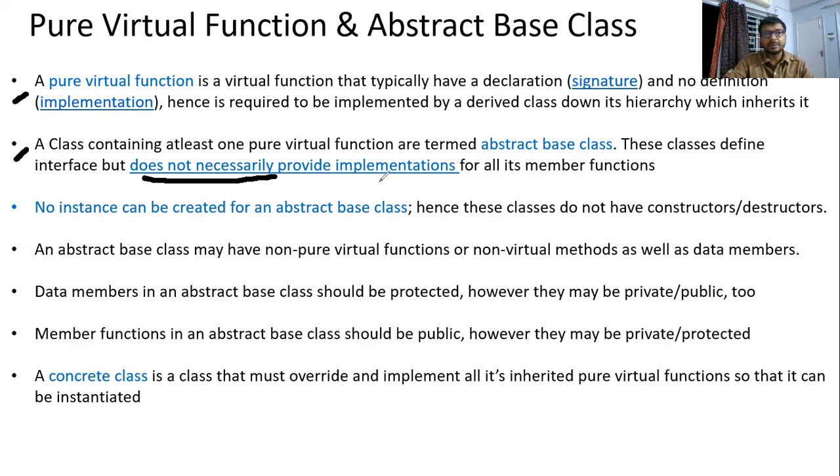But it may provide some implementation, and still it can be defined as a pure virtual function. But this is for sure: no instance can be created for an abstract base class which has pure virtual functions. And because of that, these abstract base classes will have no constructors and destructors.